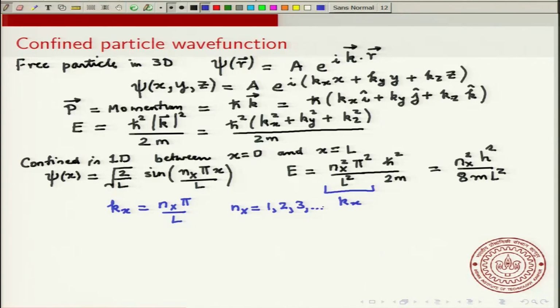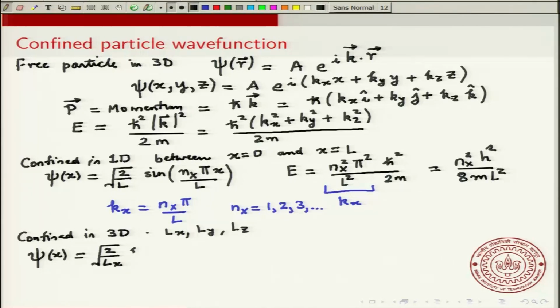Okay. If you have a confined particle in 3D, with box size being Lx, Ly and Lz. Okay. So, a 3D box with sides Lx, Ly and Lz will be represented by a wave function psi of x, y, z that just looks like a product of the 3 wave functions.